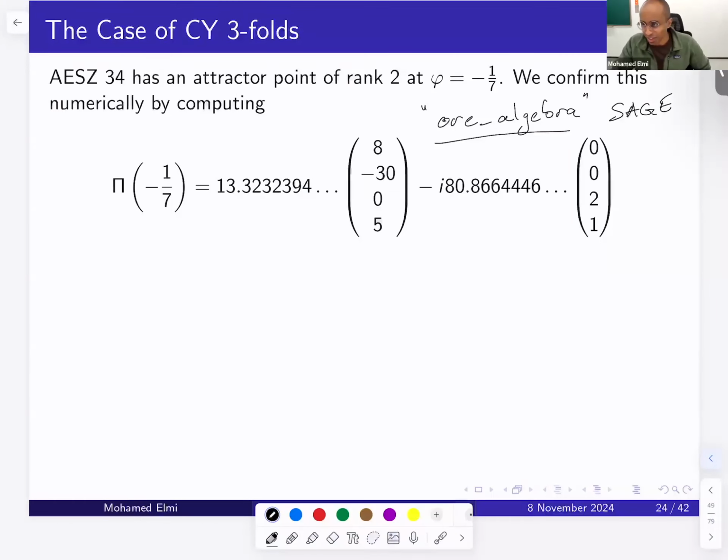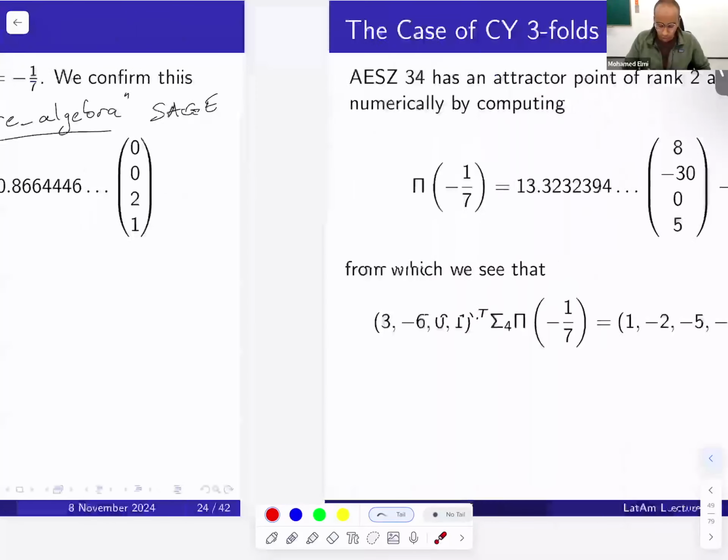I know there are some PARI experts, or maybe I don't know if you can do this in PARI. So you have some differential equation, you find some solutions, you can analytically continue numerically, and when you get to this special point, the periods will have a very special structure. They will be just complex linear combinations of these integral vectors, and this tells you that you're at an attractor point of rank 2.